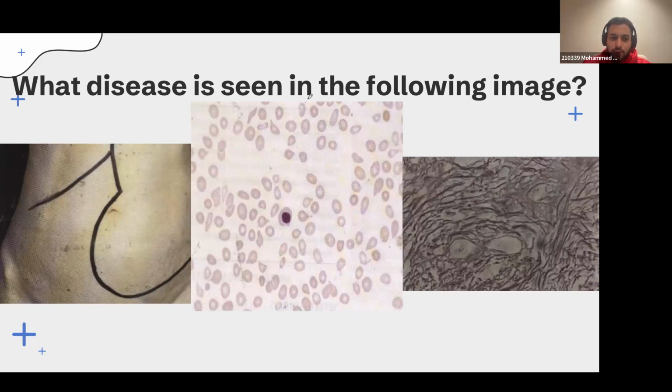What's the disease here? Myelofibrosis. Perfect. So this is myelofibrosis. What do we call this cell? Teardrop cell. Perfect. Now, what do we say this is?